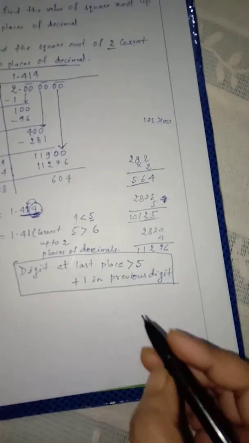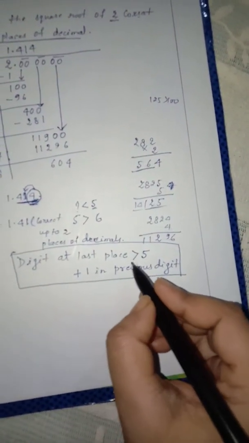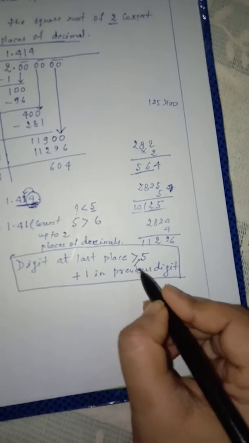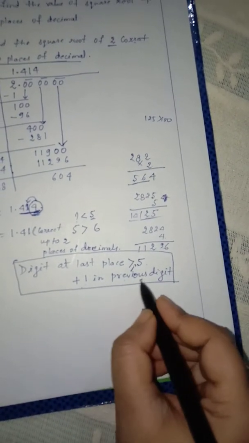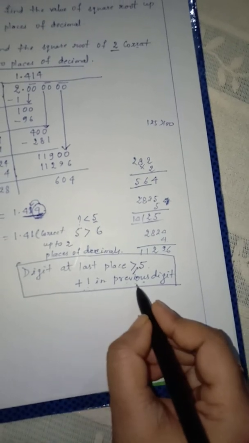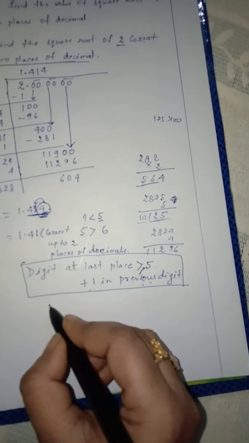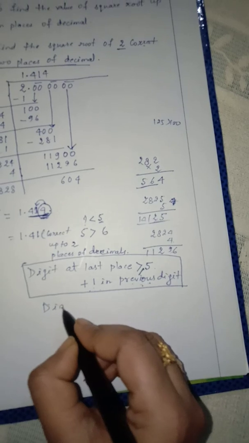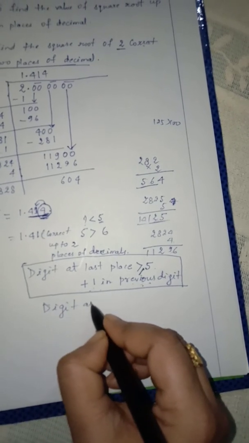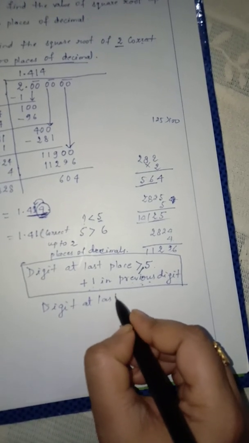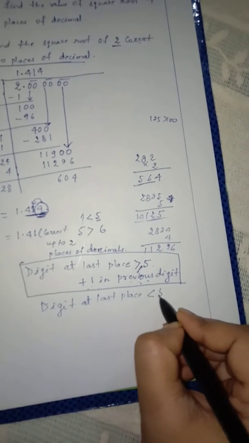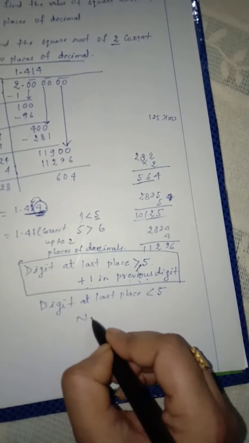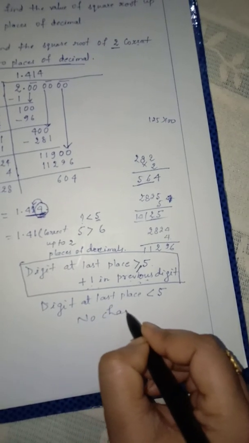But if it is equal to 5, the same process will take place. If the digit at the last place is less than 5, then there will be no change.